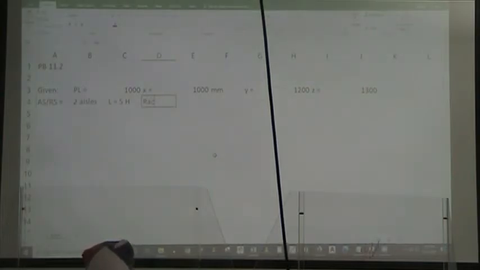Rack structure. Our rack is equal to 500 millimeters above the floor.